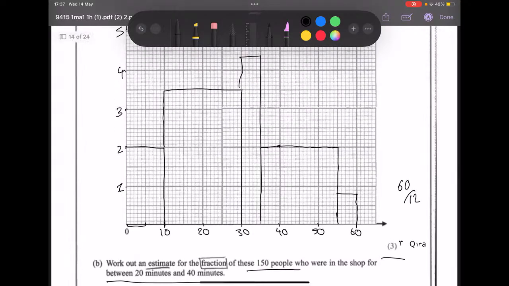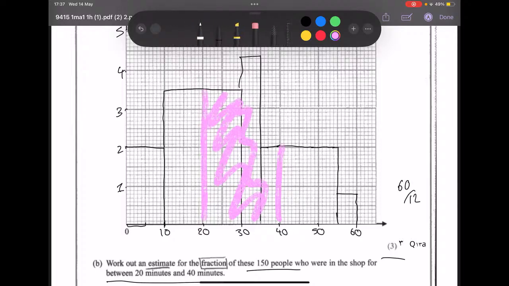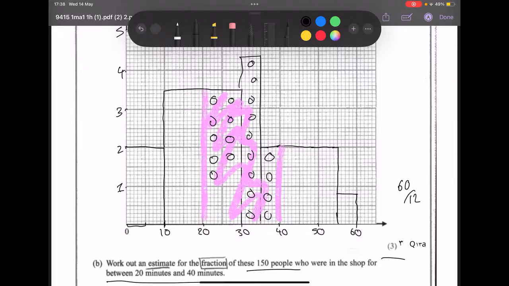Now work out an estimate for the fraction of these 150 people who are in the shop between 20 and 40 minutes. Now between 20, we have this part here, and 40, so it's everything in between here. Now an easy way to do this is to just count up the blocks. We have 1, 2, 3, 4, 5, 6, 7, 8, 9, 10, 11, 12, 13, 14, 15, 16, 17, 18, 19, 21, 23, 25, 27.